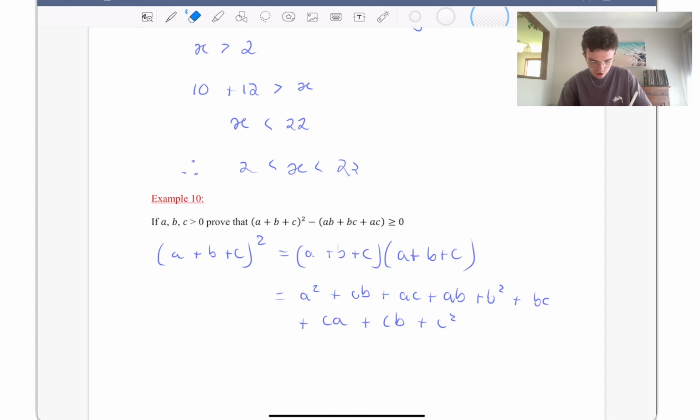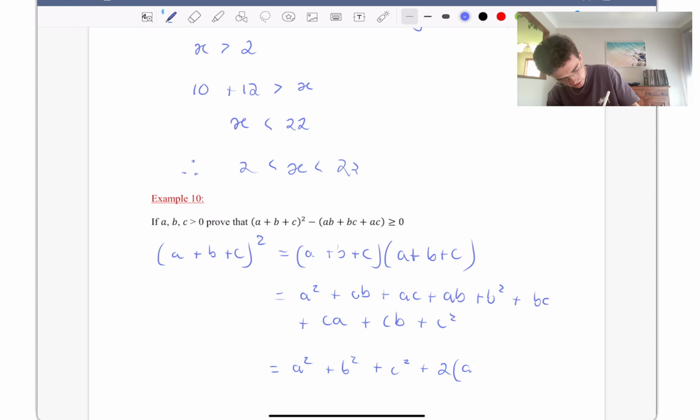Now, which is equal to a squared plus b squared plus c squared plus 2 times ab plus bc plus ca.